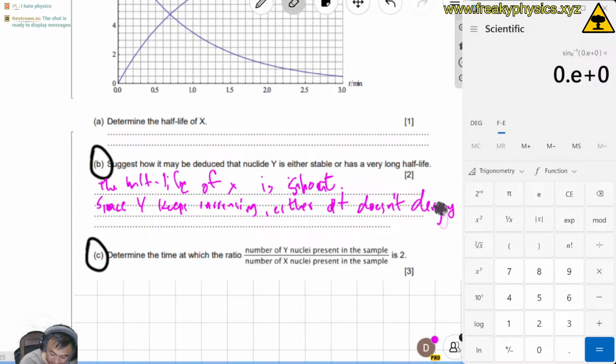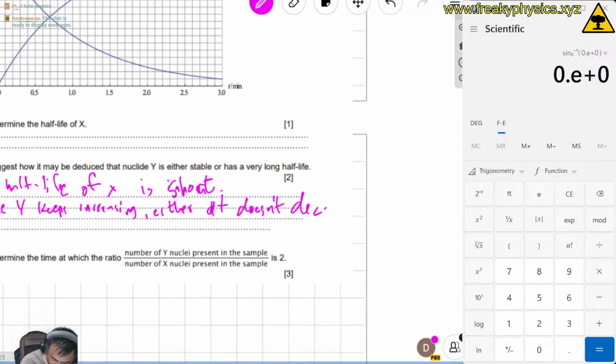Or it decays very slowly. But only 3 minutes passed, so it couldn't decay right after.